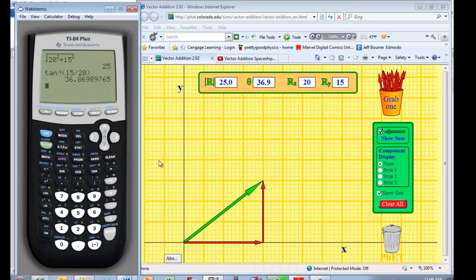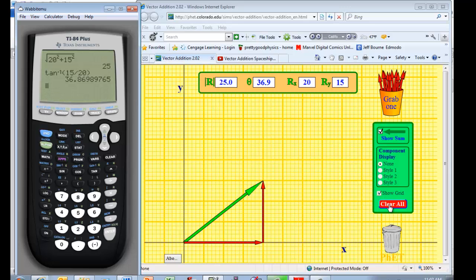All right, so to quickly review, to find the resultant of these two vectors being added together, since I knew these two vectors, I simply took the Pythagorean theorem to figure out the overall result and inverse tangent to figure out the angle common to the x-axis.